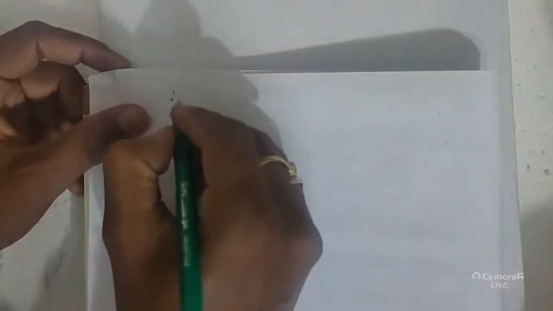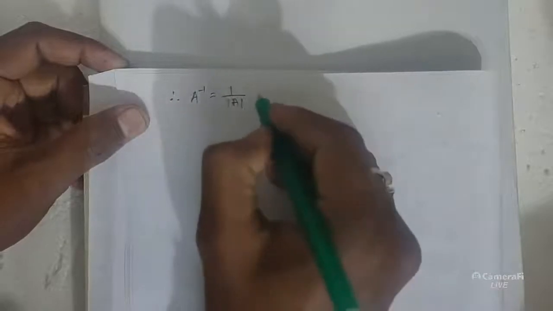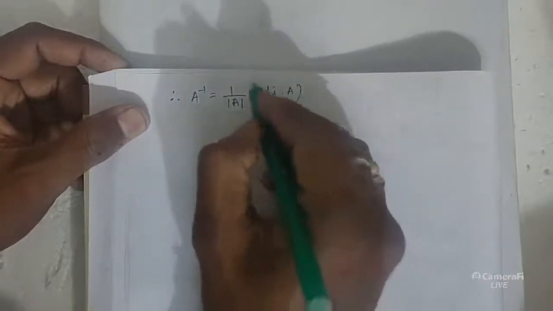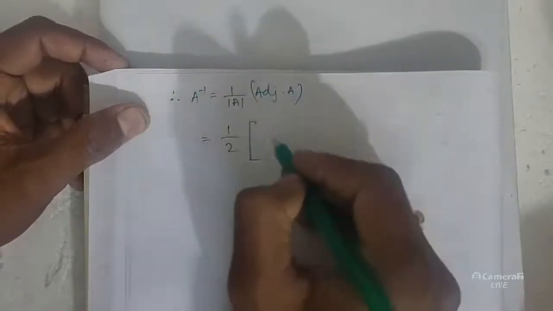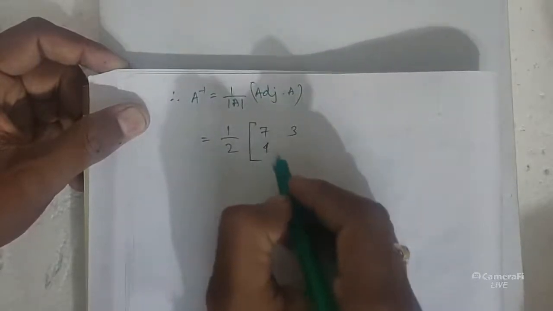Therefore A inverse is equal to 1 by determinant into adjoint A. This is equal to 1 by 2 into 7 3 4 2.